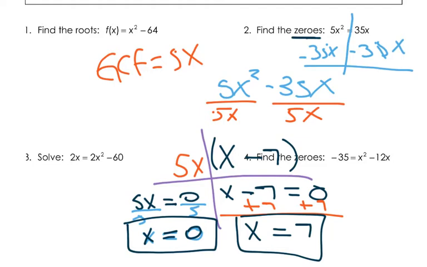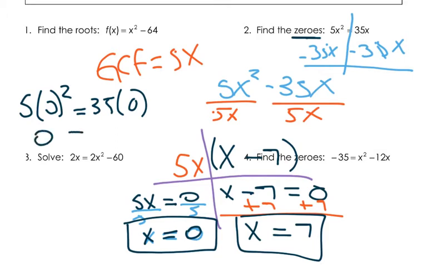I could definitely check that by plugging it back into the original. So I would say 5 times 0 squared equals 35 times 0. 0 squared is 0 times 5 is 0, so 0 equals 35 times 0, which is 0. That's a true statement. I could always check for 7.